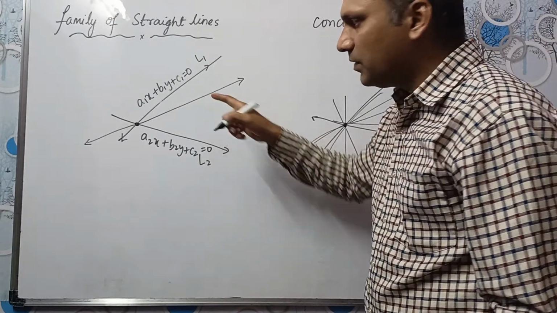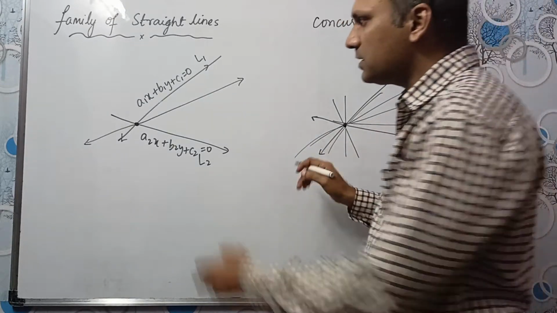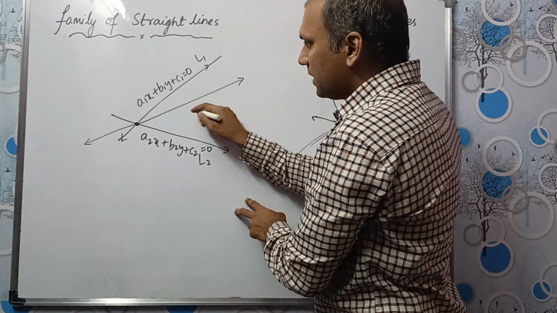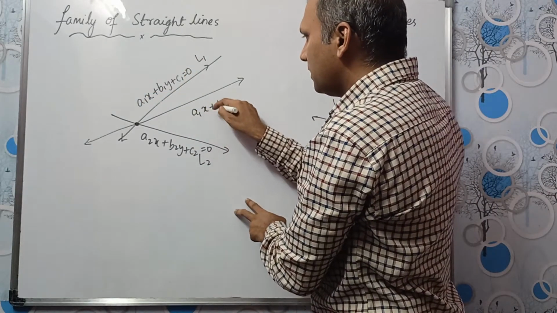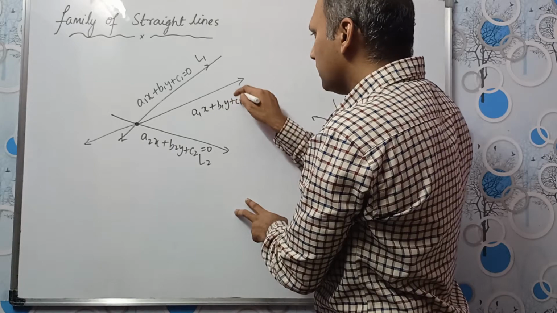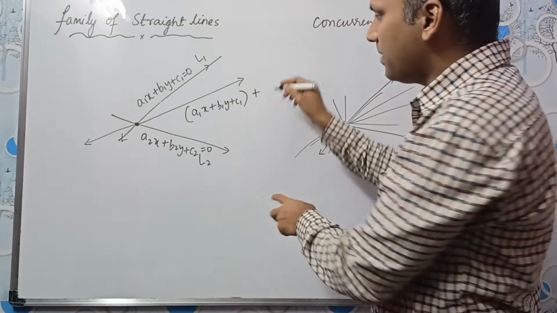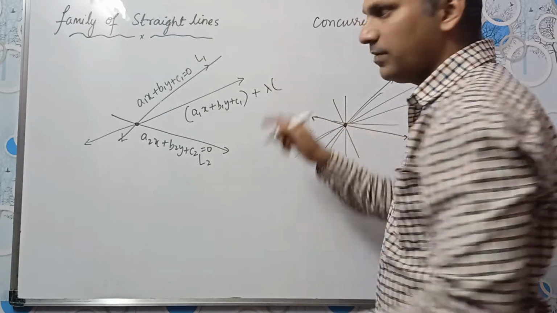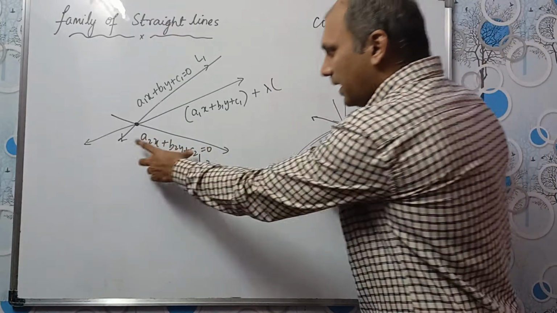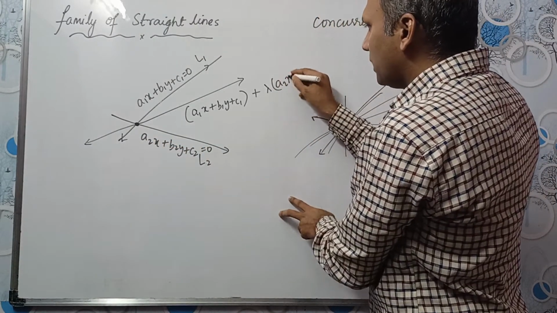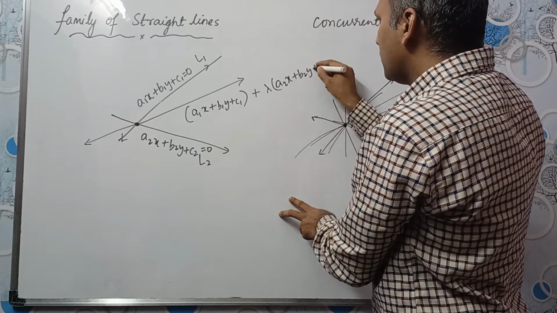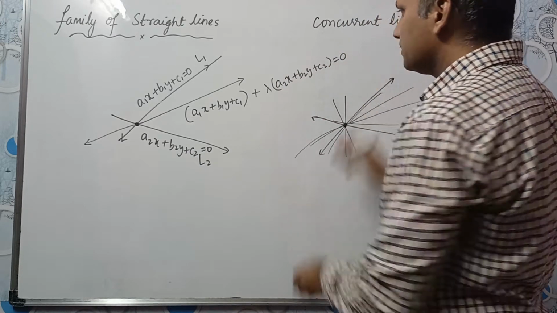To find the equation of this straight line, all we have to do is write the equation of the first straight line, that is A1x plus B1y plus C1, plus lambda times the equation of the second line, A2x plus B2y plus C2, is equal to 0.